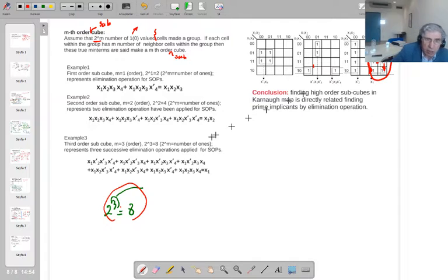So if you write the function values, each product term corresponding to these ones, you're going to have 8 product terms like that. At the end, you're going to have 3 one variable elimination operations, and you're going to end up with x1. So repeated one variable elimination operation 3 times, you end up with this result.